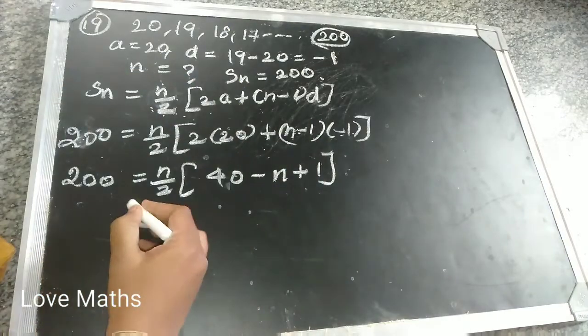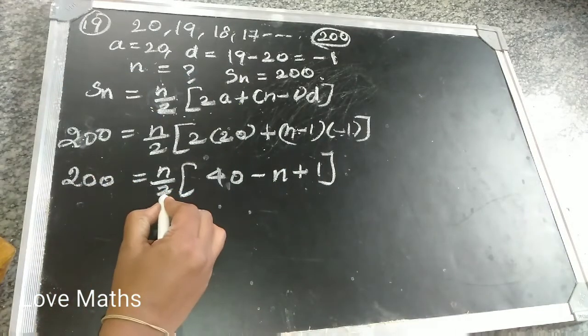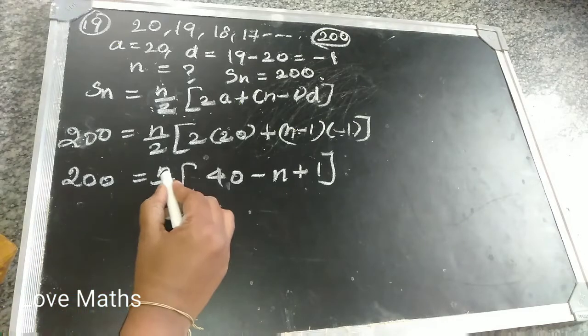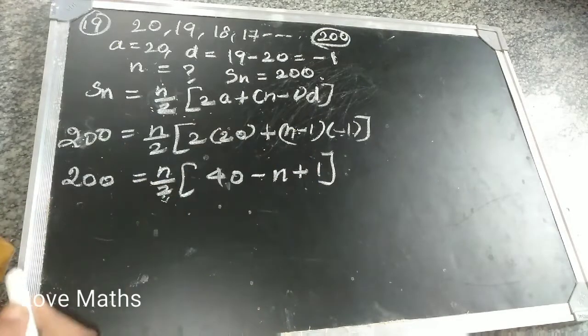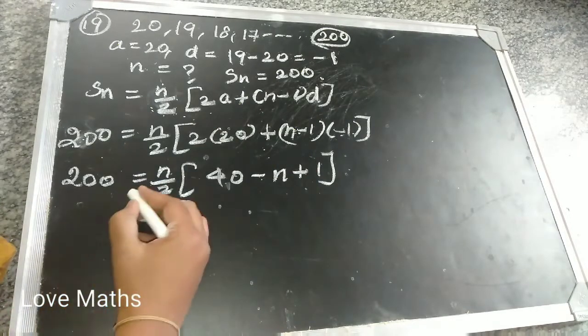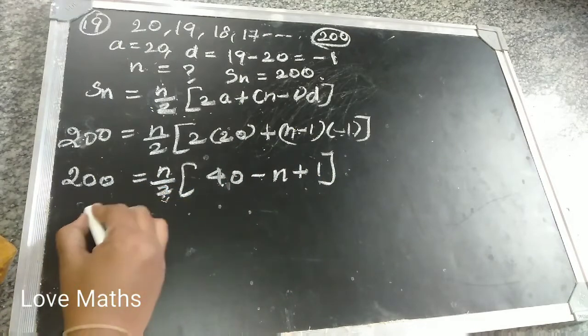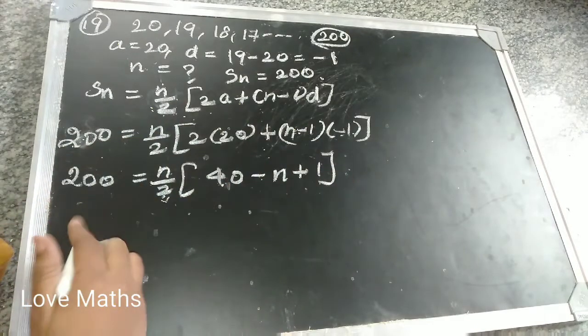Next, this n here is a division. On the opposite side of the equal sign, it comes as multiplication. Now this n you just multiply here. So what should come? 40 plus 1 is 41. You just replace the places, no problem.